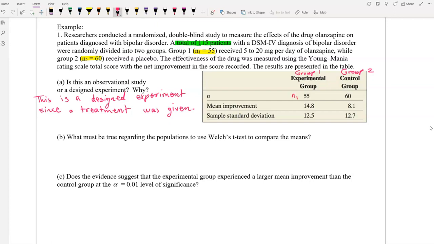So here this is n1, this is x bar 1, this is standard deviation 1, and here is n2, x bar 2, standard deviation 2.